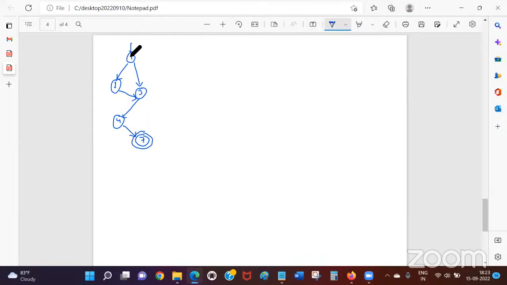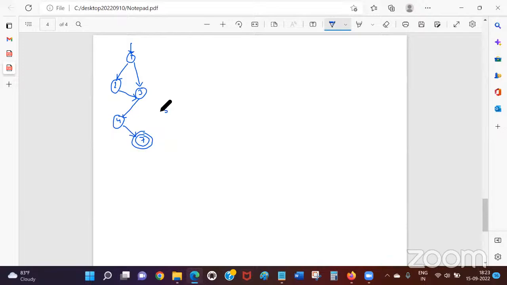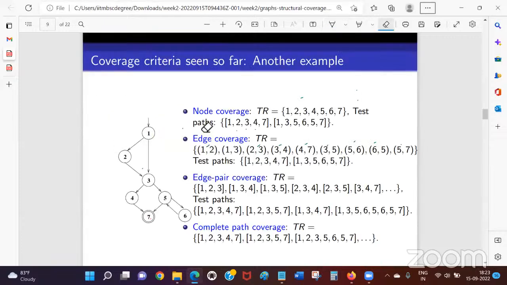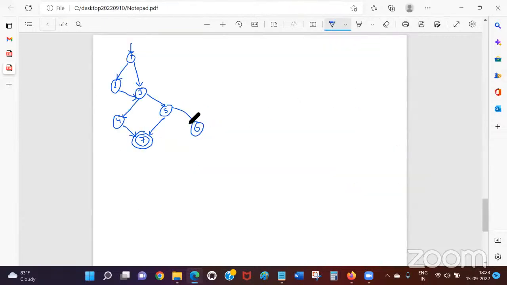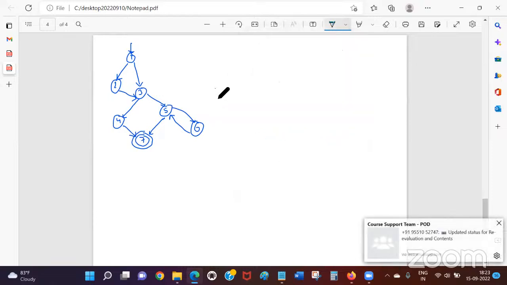This is the entering node, which has to be presented like this. Then there is a 5, and we can have a 6. I think I have drawn it correctly. Okay, so let us take down the edge pairs, right?